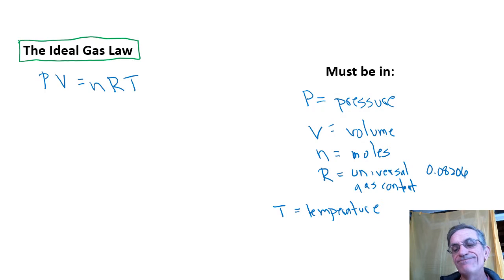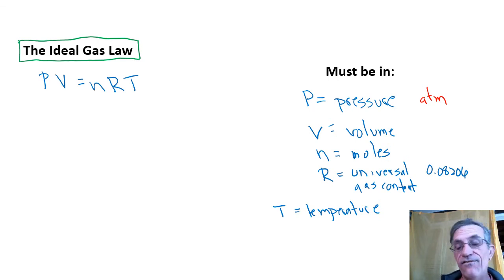This equation, you have to put in very specific units. If you are given a number in a different unit, you're going to have to convert it before you use it. So for this equation, your pressure has to be in atmospheres. If I give you a pressure and it's not in atmospheres, you're going to have to change it to atmospheres before you plug it into this equation.